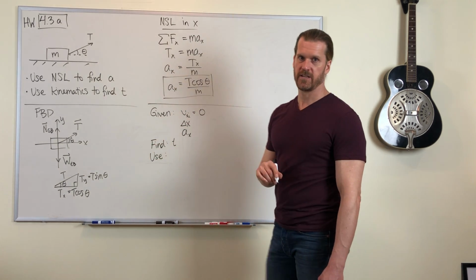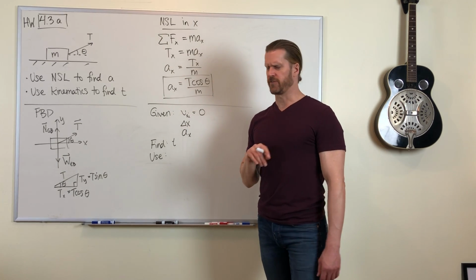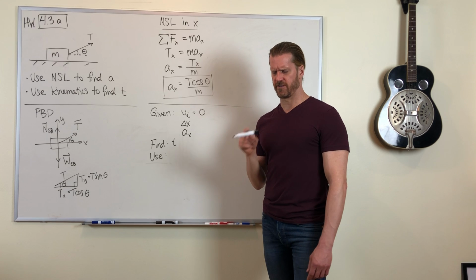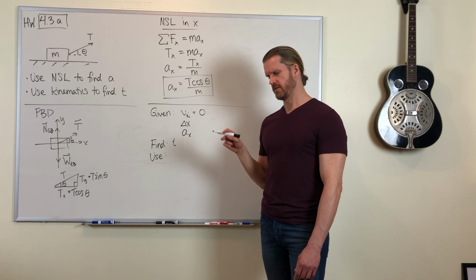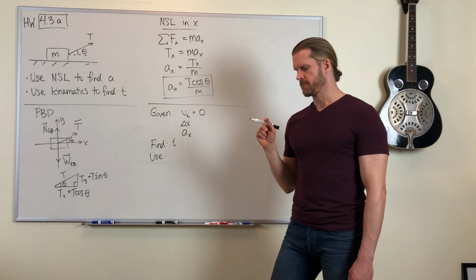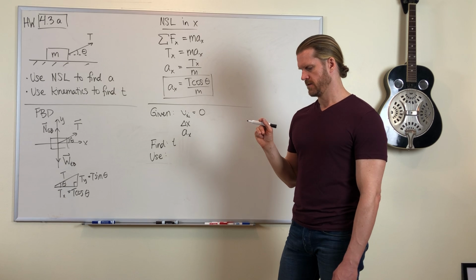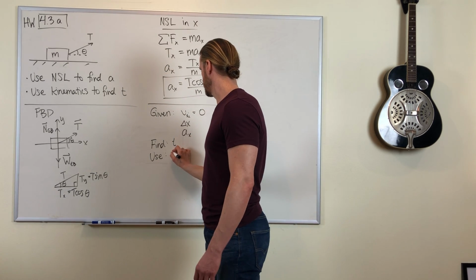So we've got to choose the right kinematic equation to use, and go through your list of 4 kinematic equations. The first one, that doesn't help. Second one also doesn't help because we don't know V final. Third one, yeah, that one seems pretty good.